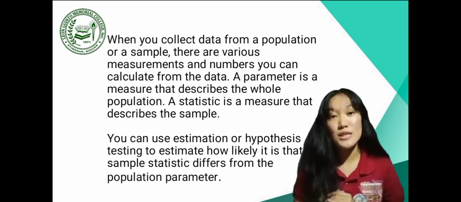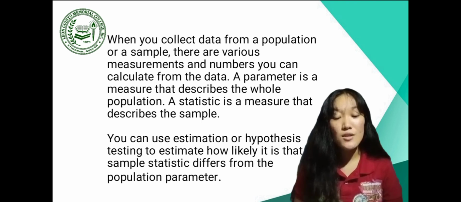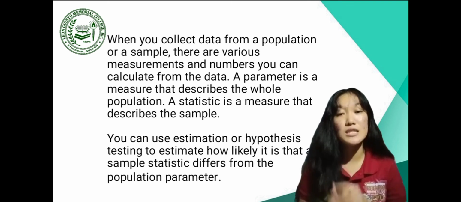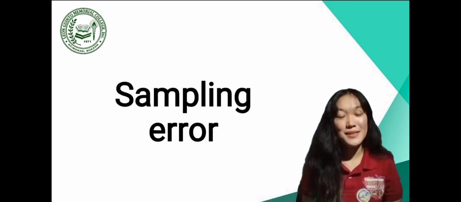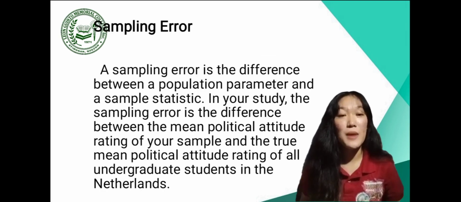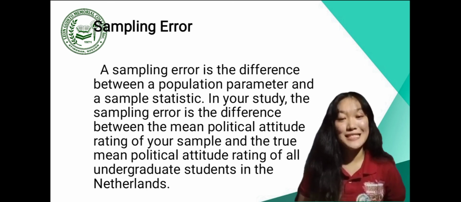You can use estimation or hypothesis testing to estimate how likely it is that a sample statistic differs from the population parameter. Sampling error. A sampling error is the difference between a population parameter and a sample statistic.